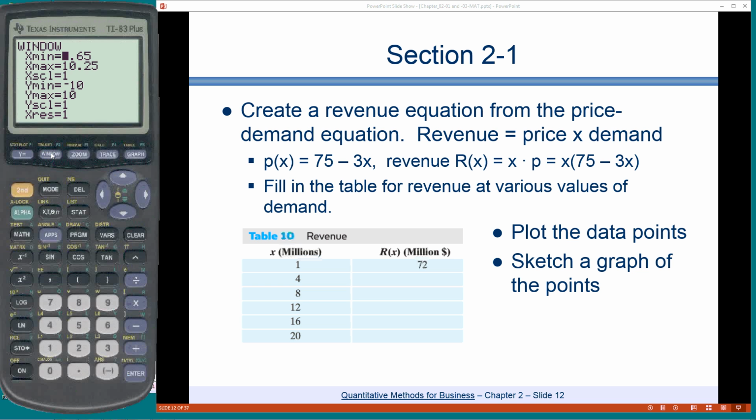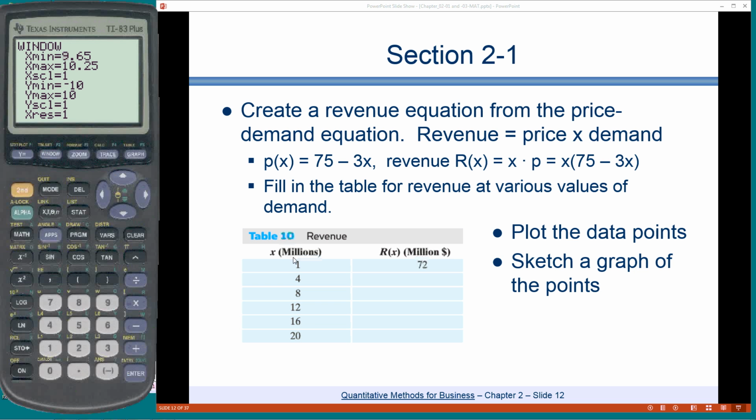So click on window, and right now this is left over from whatever I needed the last time I did a graph. It says the x-axis that I'm seeing when I hit graph goes from a minimum of 9.65 to a maximum of 10.25. That's not what I want for this. My x value, my demand, is in the range of 1 to 20.